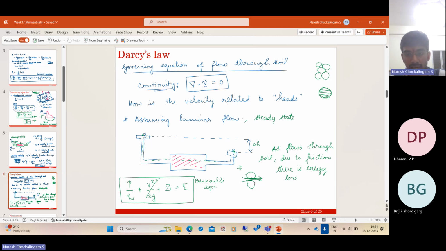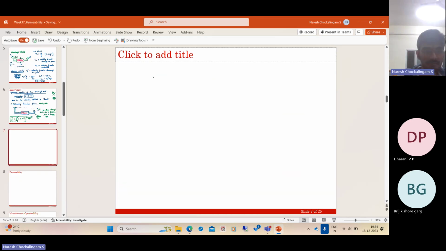So some amount of the energy is lost, and that is called the head loss, right? If we have steady inviscid laminar flow along a streamline, the Bernoulli equation says that this quantity is constant, E is conserved. But when we have frictional flow, E is not conserved, and we have what is called head loss.